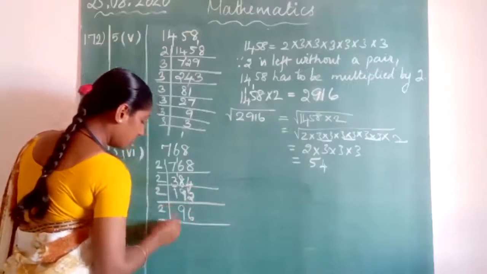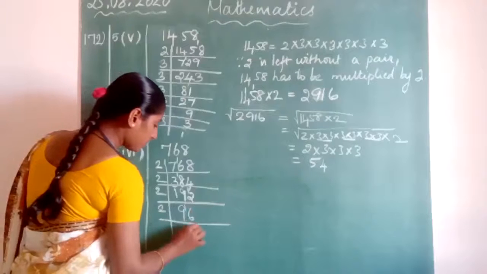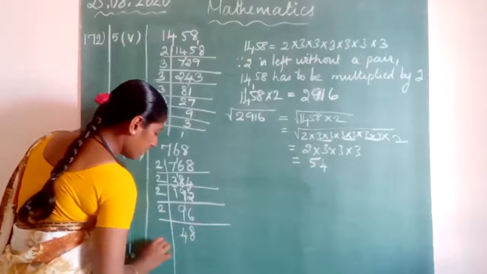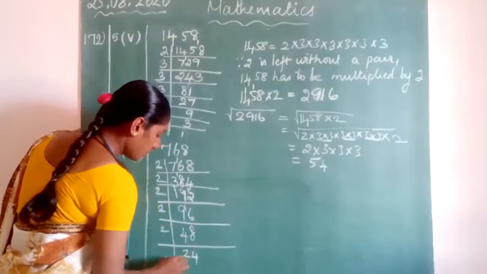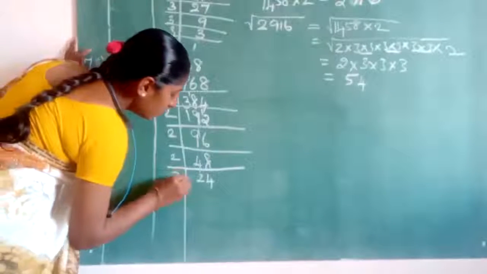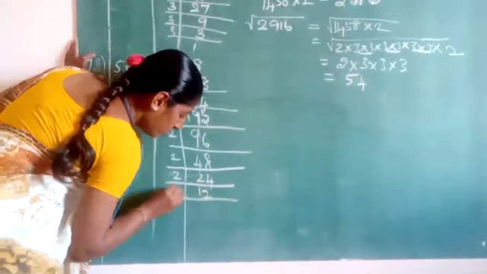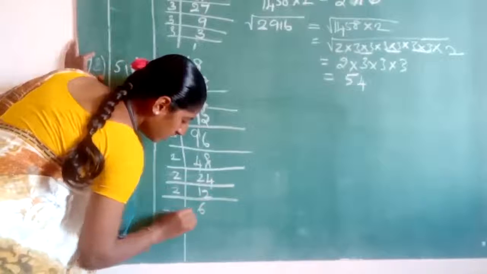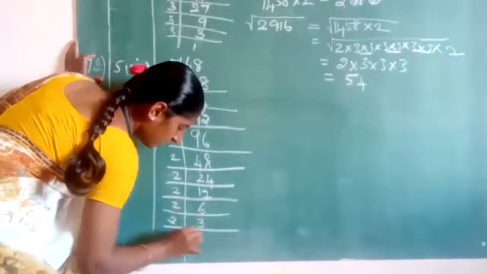Then 2 4's are 8, 1 remaining, 48. Then you have 2 24, 2 12's, 2 6's, 2 3's, then 3 1's.